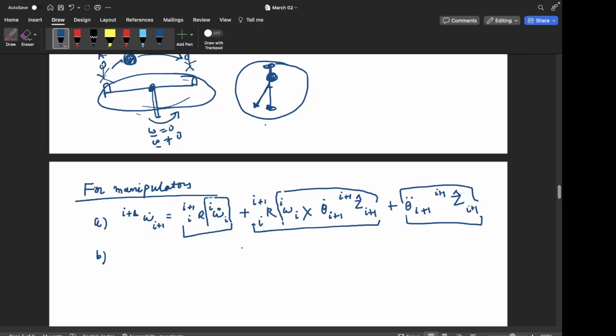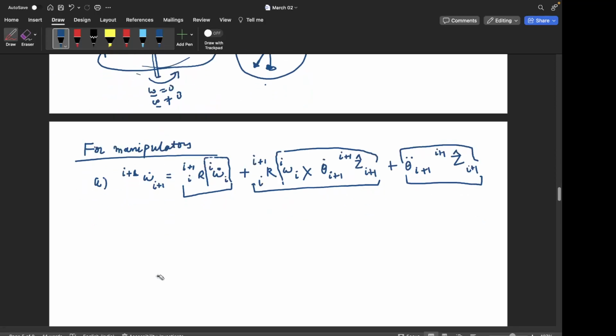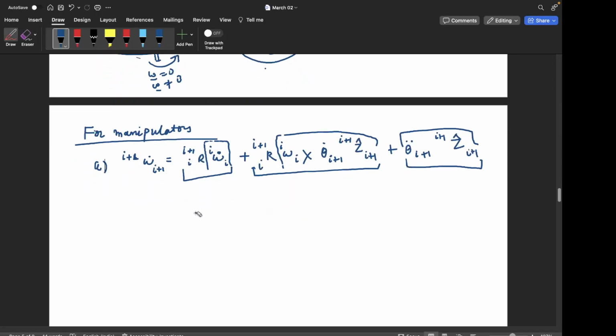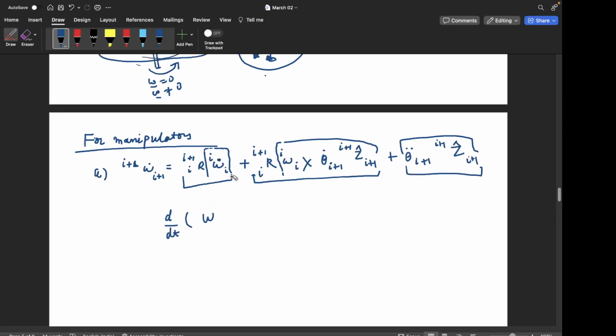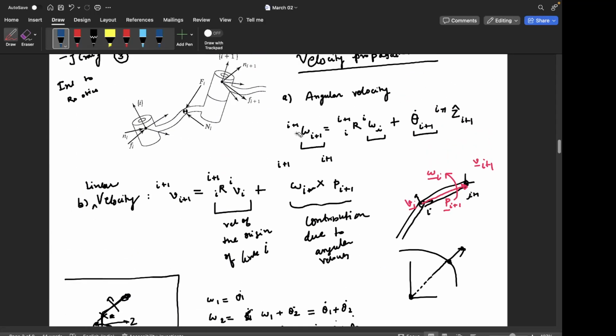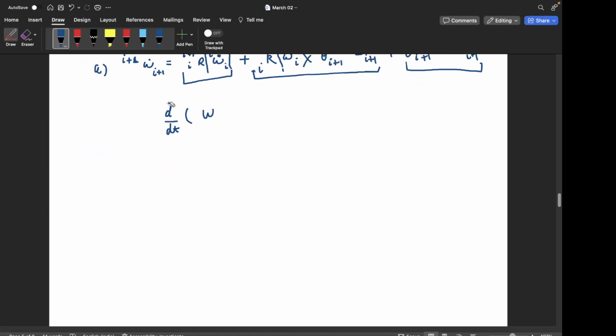So if you would like to relate this to the velocity expression, the expression which I wrote here, this eraser symbol is distracting me.